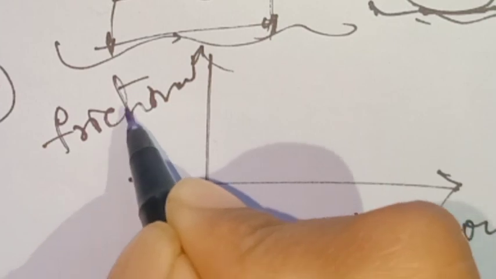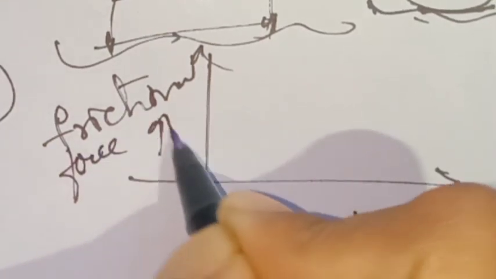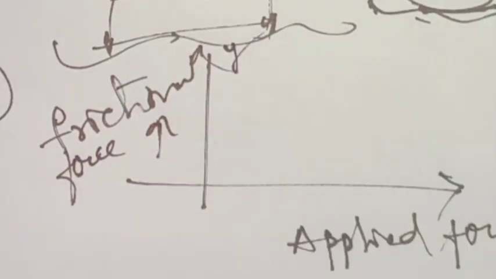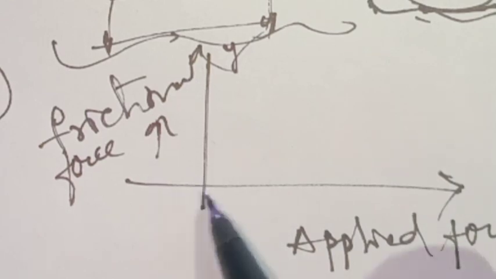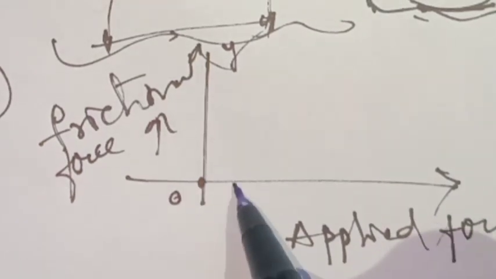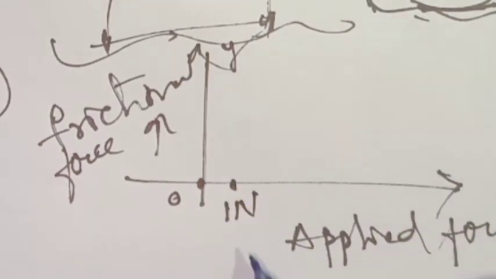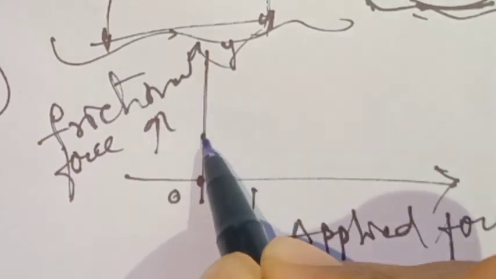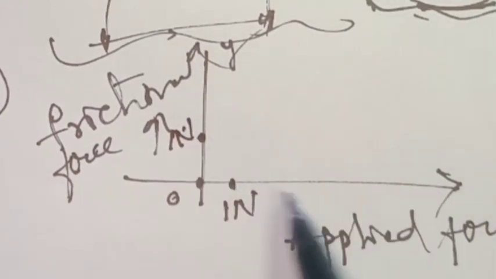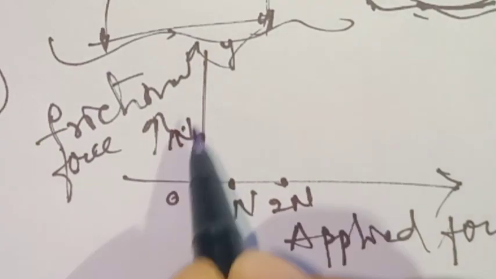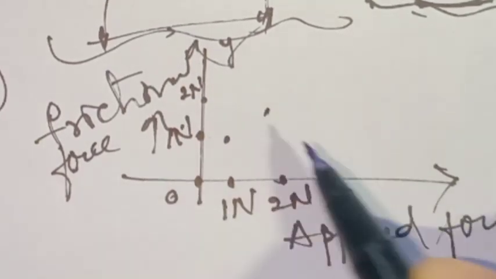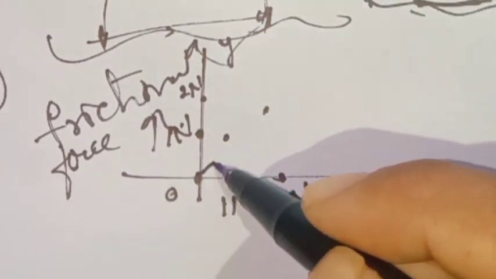According to the diagram, if this is the origin, if you apply 1 Newton of force, the frictional force developed will be 1 Newton. If you apply 2 Newton of force, it will also develop 2 Newton of force. So what happens here in the diagram is dots. If you join these dots, you will get a straight line.